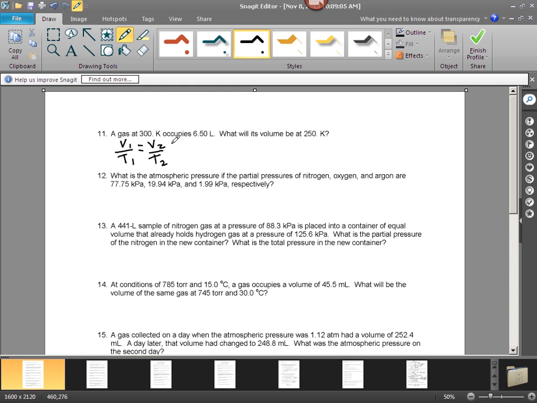So we're solving for V2, multiply both sides of the equation by T2. So V2 is T2 times V1 divided by T1.